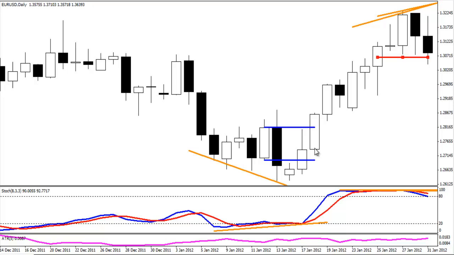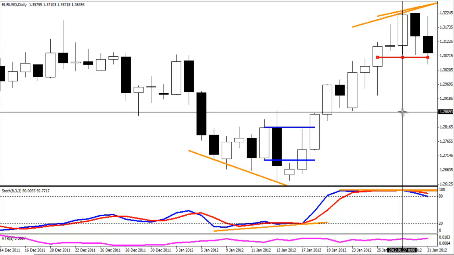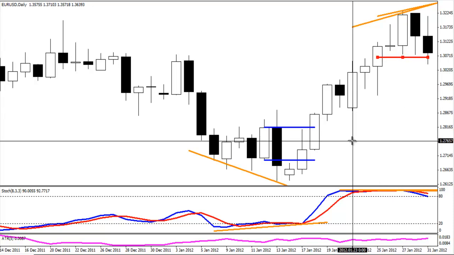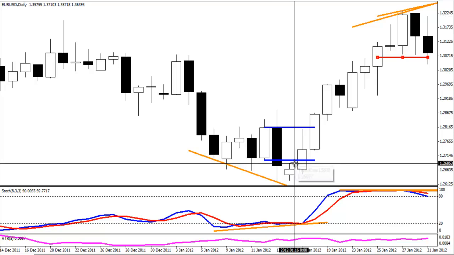And that took us 1, 2, 3, 4, 5, 6, 7, 8, 9, 10, about 11 days, so around 2 weeks, just over 2 weeks to then get knocked out of the trade. The interesting part here is our stop loss was around 75 pips. And the first part of the trade made 133 pips, which was the ATR 5.